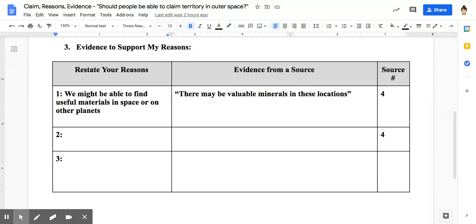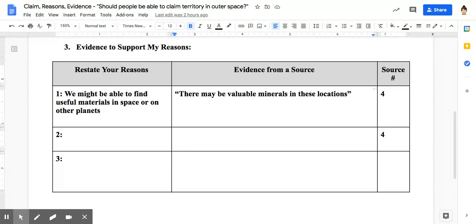And we talked about finding textual evidence or evidence from another source, a video, something like that to support your reasons. So this should be filled out before you go on to the next step of writing your body paragraphs. So let's take a look at what our essay is going to look like.